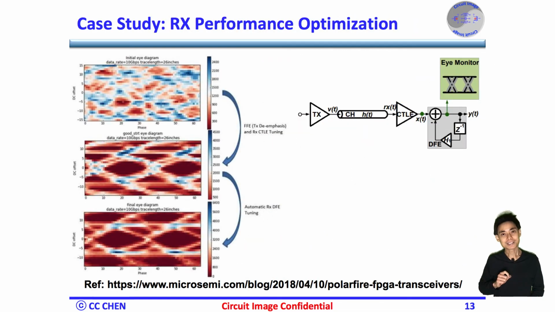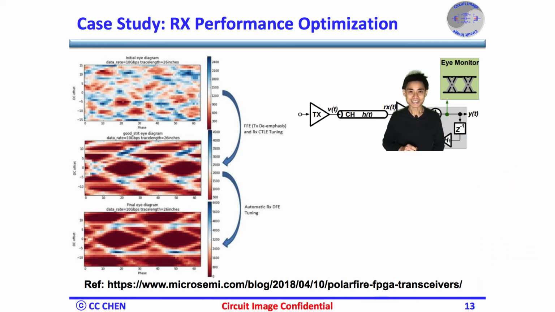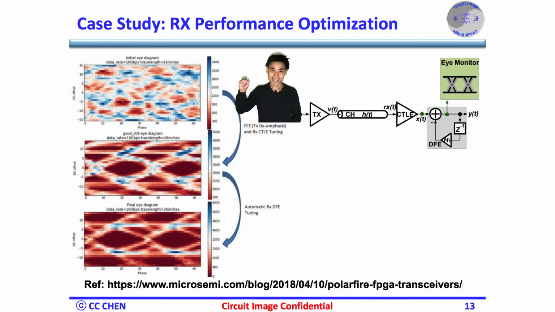Here is an interesting image I found on this website. Their internal eye monitor shows how the eye looks at the DFE's output, y(t). Interestingly, the eye is totally closed after the DFE if the data went through the TX, 26-inch channel, and RX without any equalization.